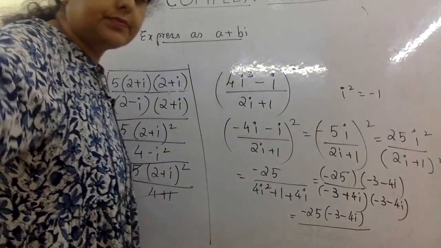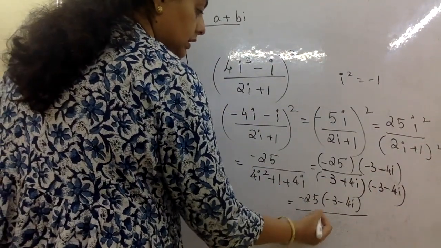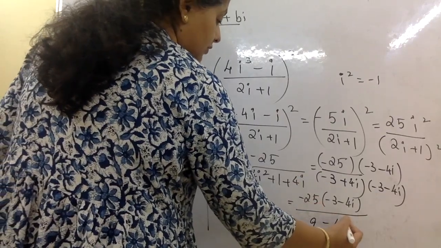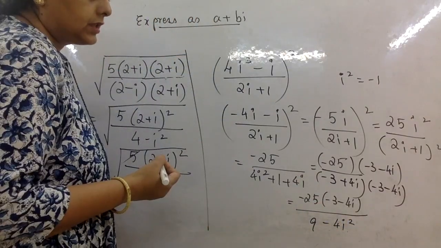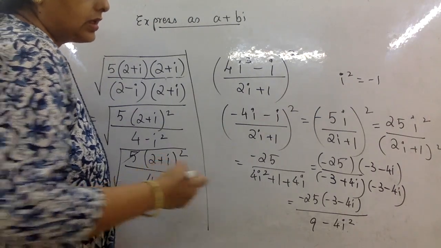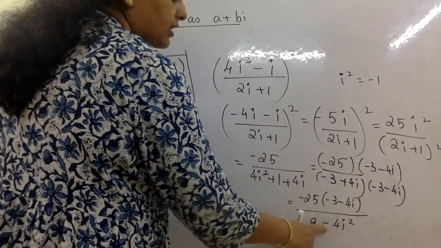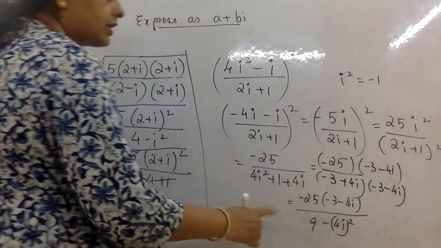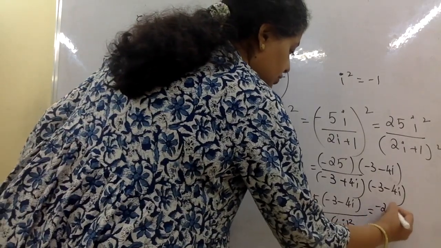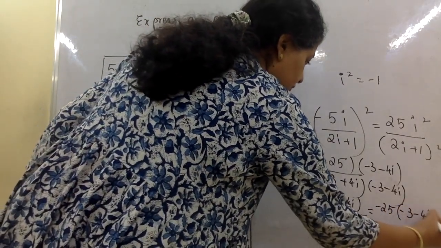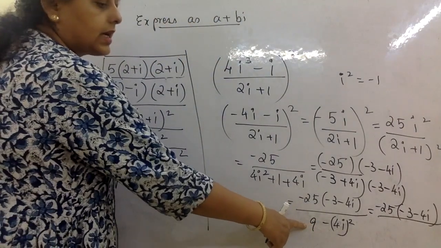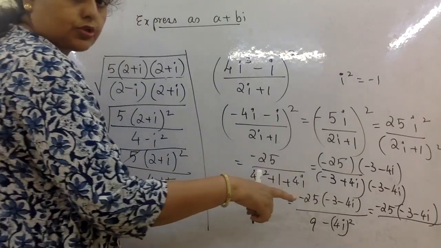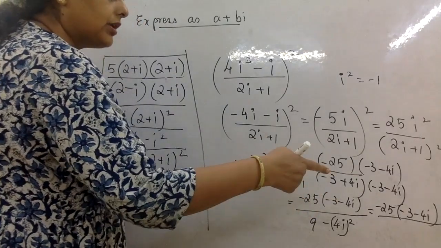Now I multiply with the conjugate, so the denominator is 9 minus 4i square. 9 minus 4i square becomes 9 plus 16, since 4 square gives 16 and i square gives minus 1.